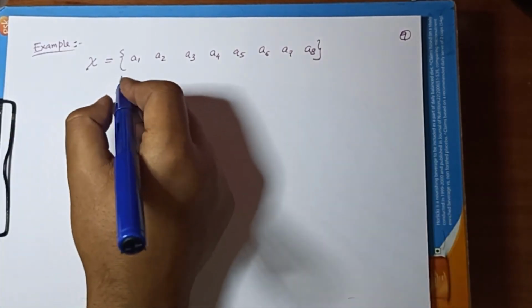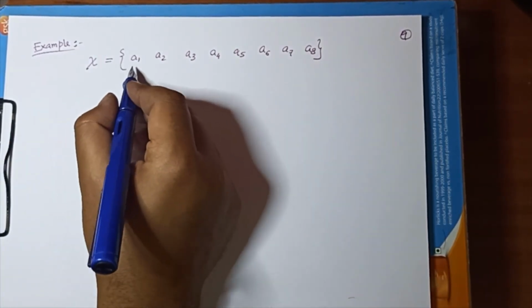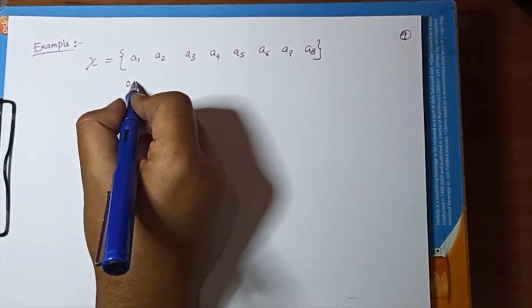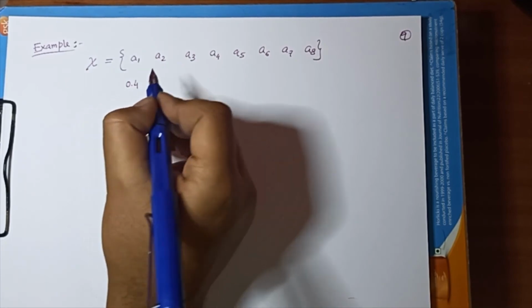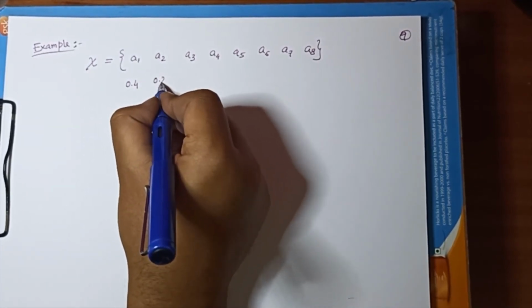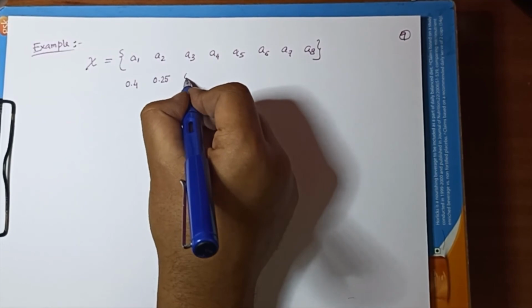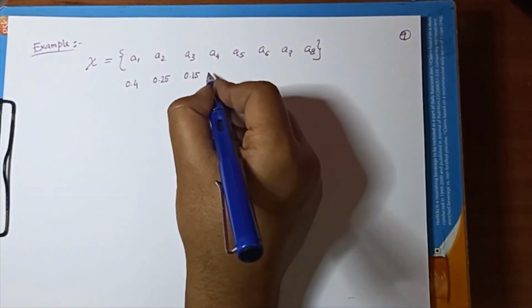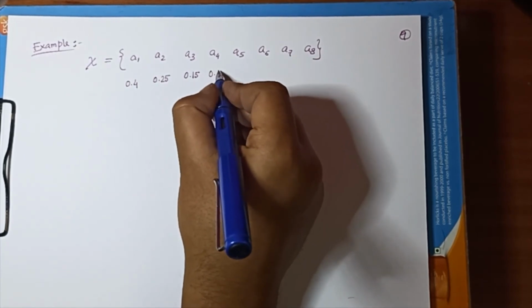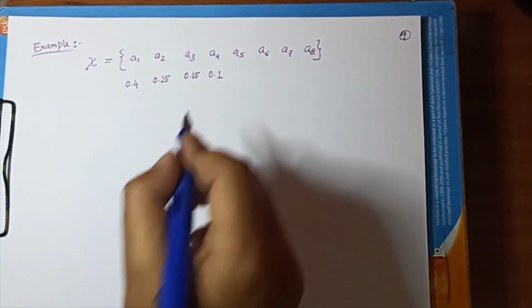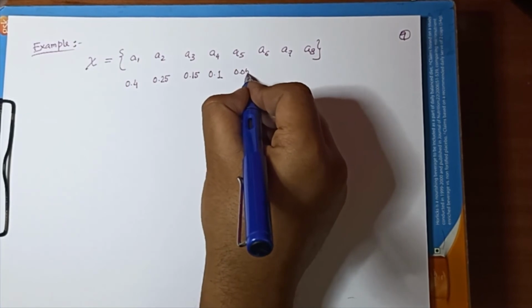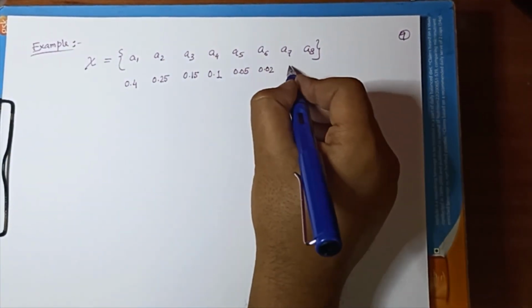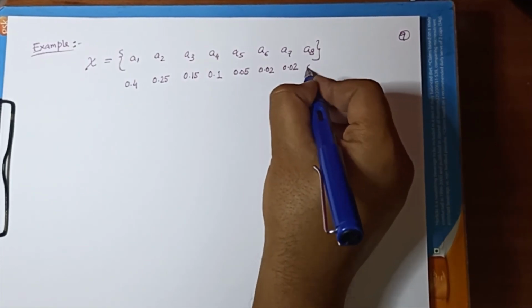Now let us assume the probabilities: P1 is say 0.4, 0.25, 0.15, so 0.8 already done, 0.1, 0.9 done, 0.05, 0.95 done, 0.02, 0.97 done, 0.02, 0.99, 0.01.